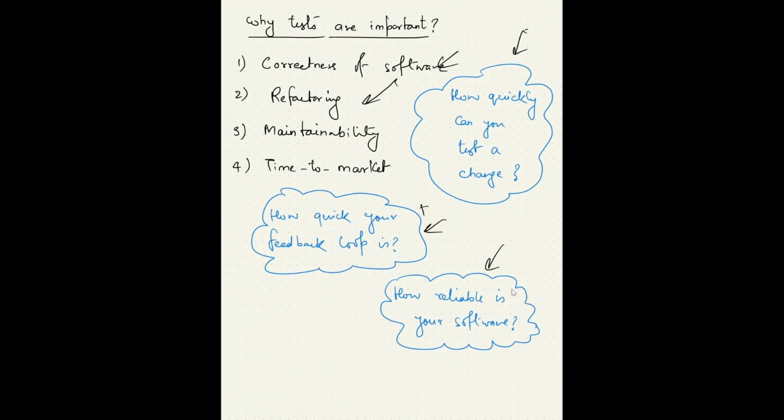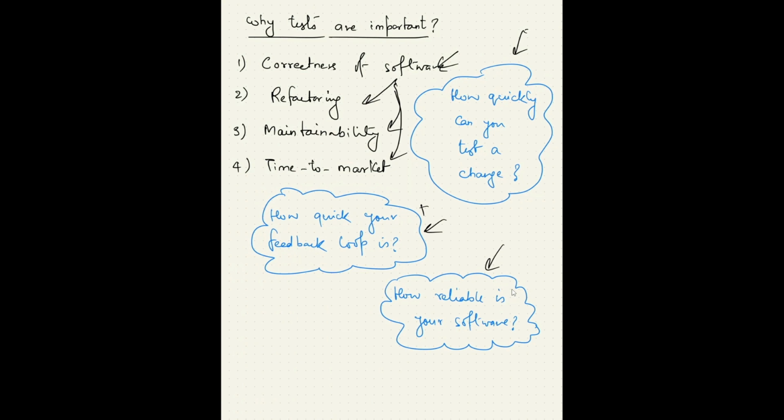And if we are refactoring the code base in a continuous manner, then the code base remains up to date and we can say that this code base is maintainable. All right, it's easy to maintain that piece of code. It's easy to make new changes in that code base. It's easy to test the code base. So the system remains maintainable, and it is directly connected to the fourth point, that is the time to market.